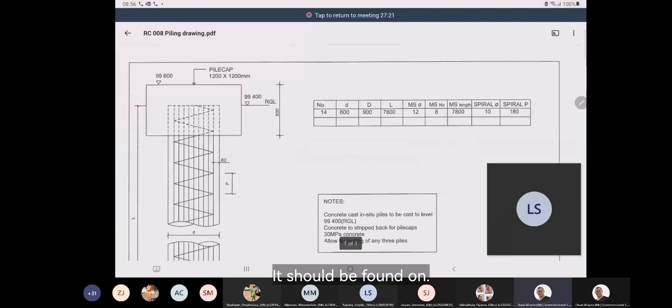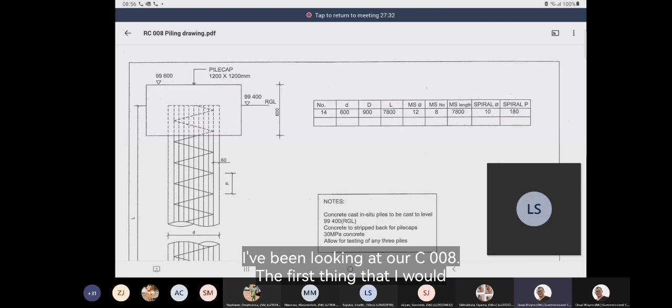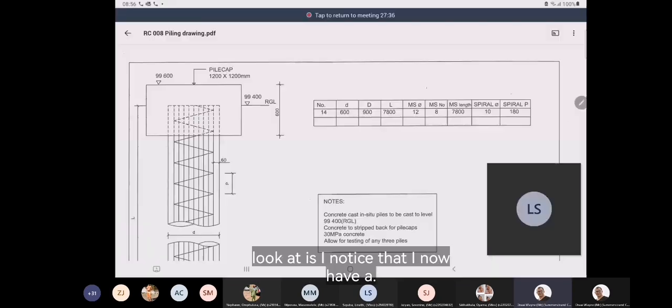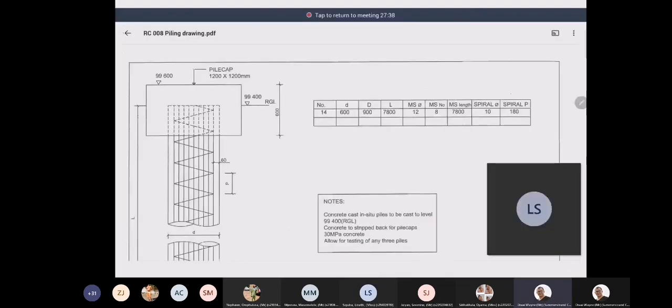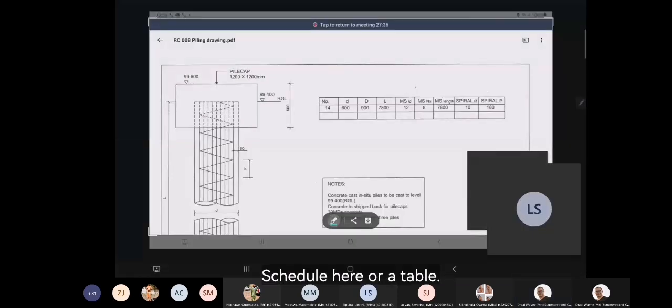which should be found on RC 008. And when looking at RC 008, the first thing I notice is that I now have a schedule here, or a table.